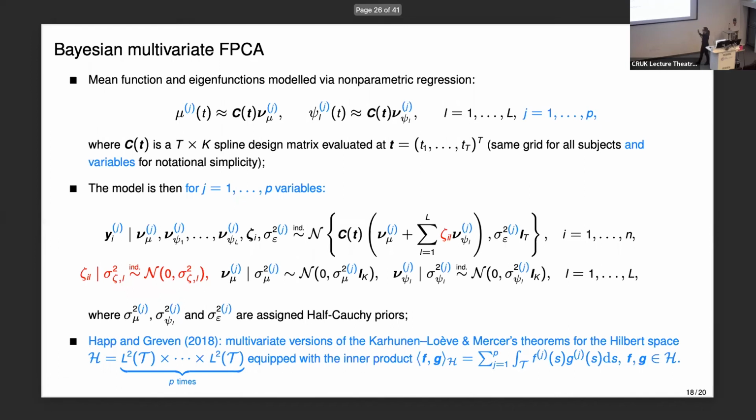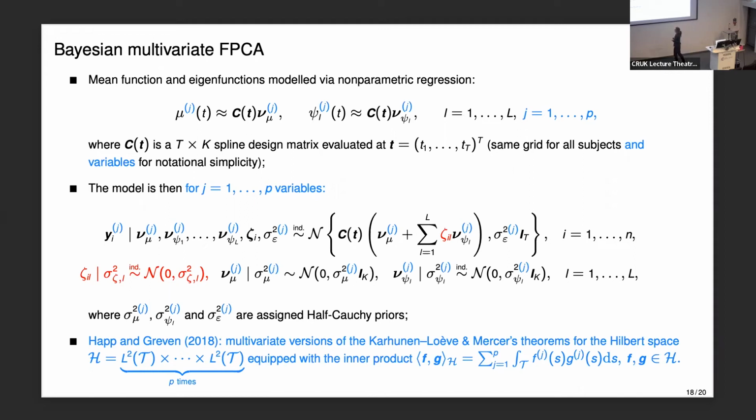Now we can flexibly extend this hierarchical model to P longitudinal variables indexed by J. And again, an important point here, which I already emphasized in the kynurenine pathway illustration, is that the scores are now common to all P variables. And so this means that we have a very parsimonious representation of the data in terms of the main modes of joint variations across these P variables.